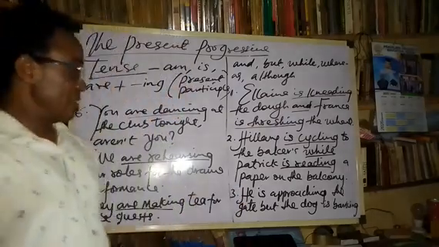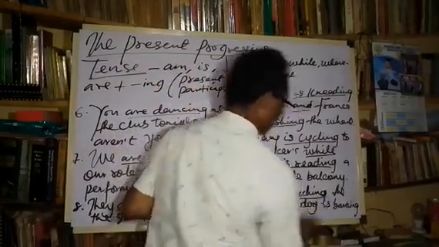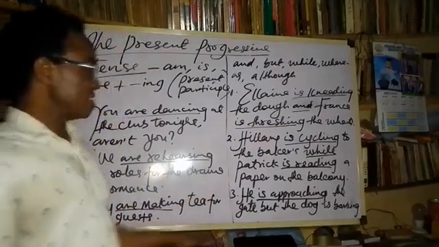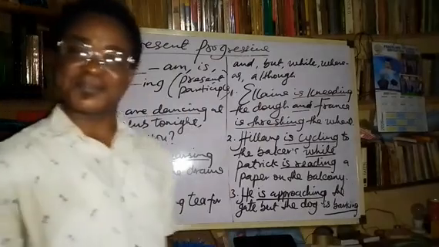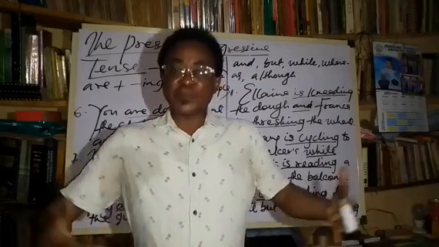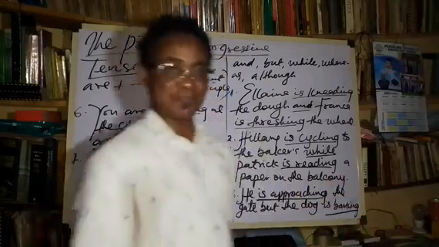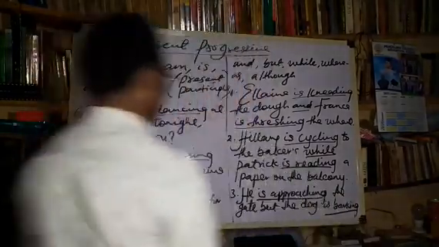In number 3, we now have, he is approaching the gate, but the dog is barking. Two actions going on progressively at the present time and joined using a coordinating conjunction.